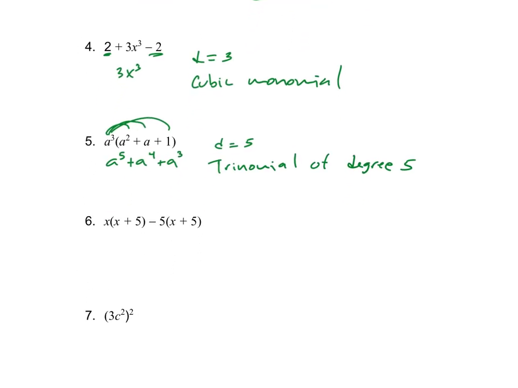Right? Again, I'm going to distribute here. So I have x squared plus 5x minus 5x minus 25. I can cancel those two because it's going to be 0. So then my degree here is 2. I have a quadratic binomial.